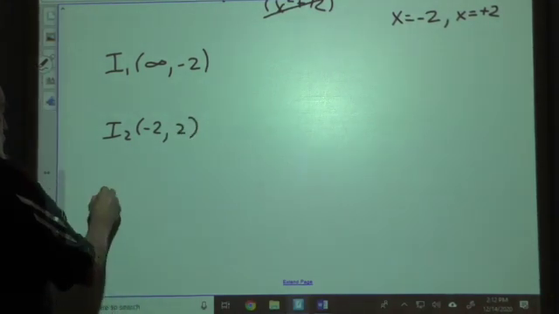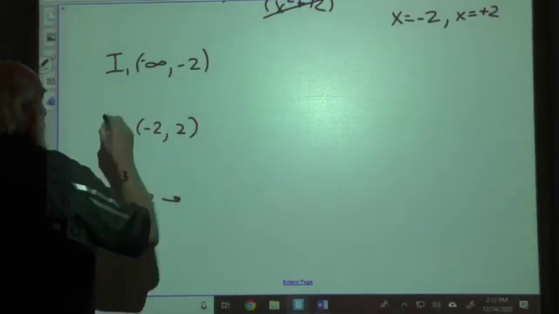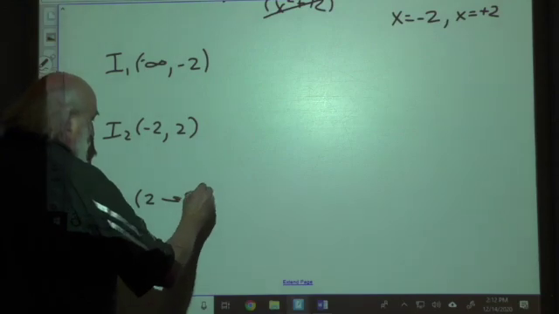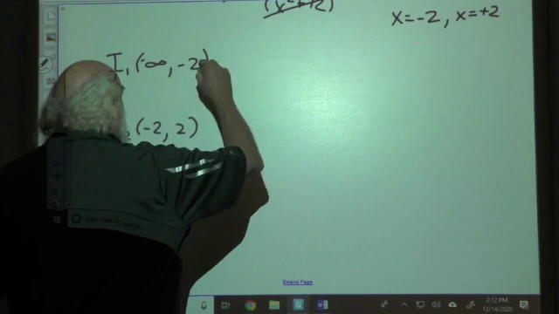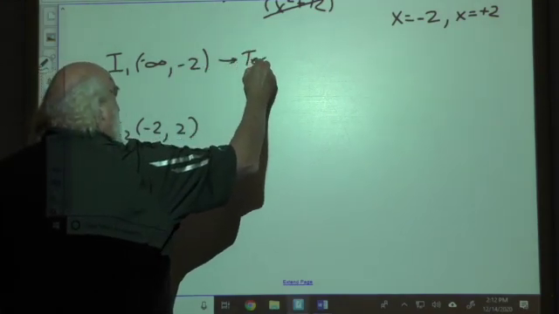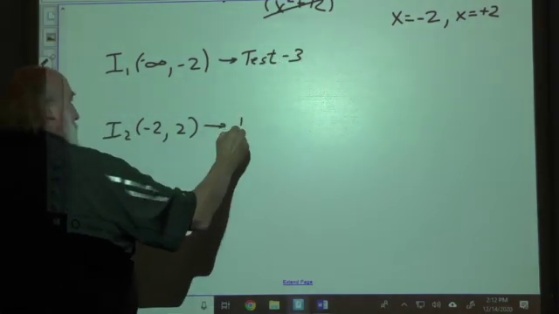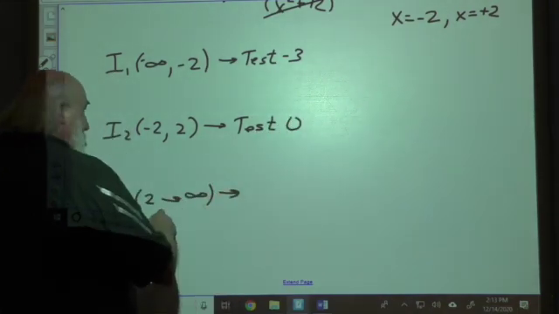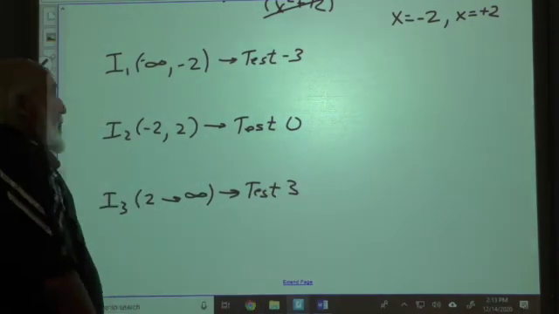And the third interval is going to be from 2 to positive infinity. Then we're going to test with a point within each, and I'm going to use negative 3 for this one, 0 for this one because it's really easy to do in my head, and positive 3 right here. Okay?